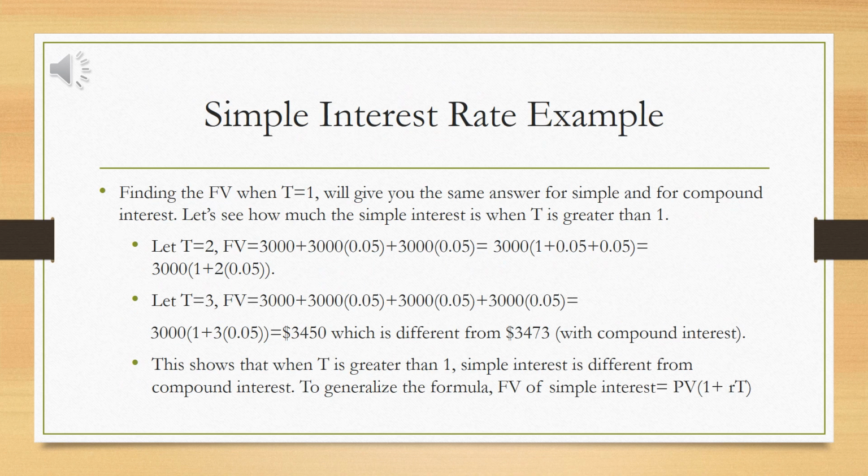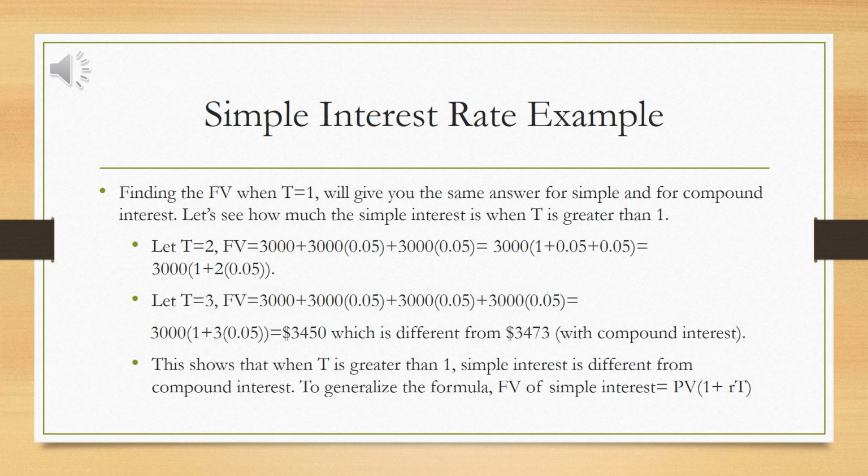Finding the future value when t equals 1 will give you the same answer for simple and for compounded interest. Let's see how much the simple interest is when t is greater than 1. Let t equal 2.